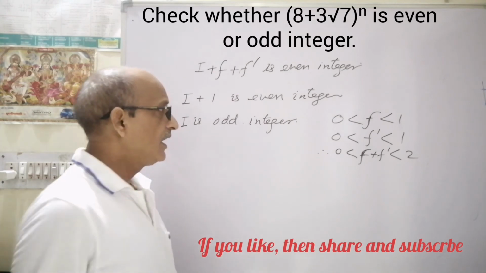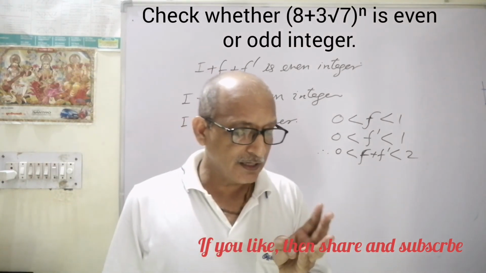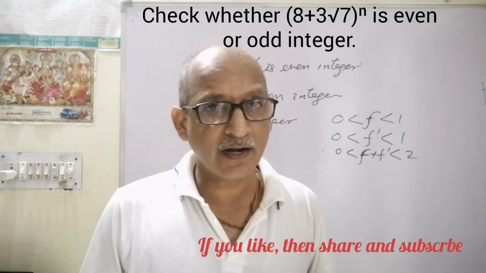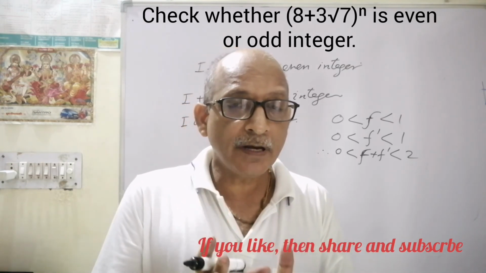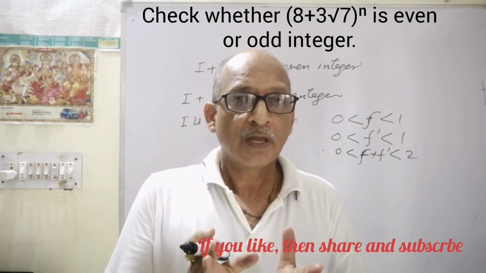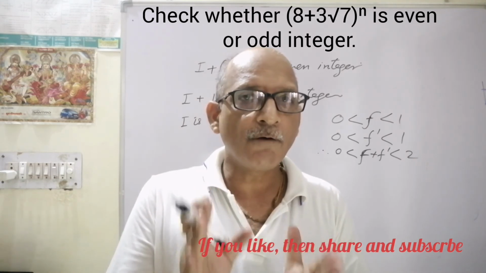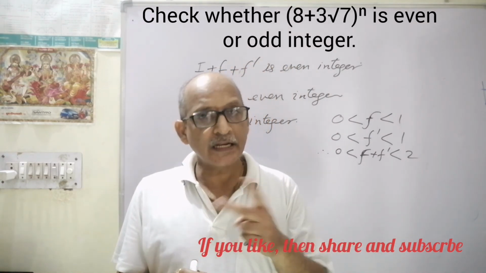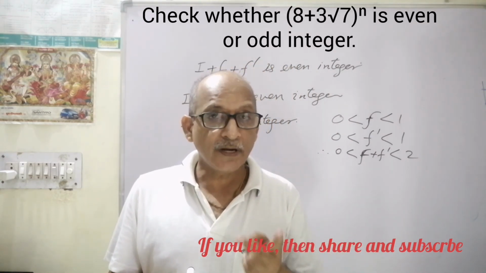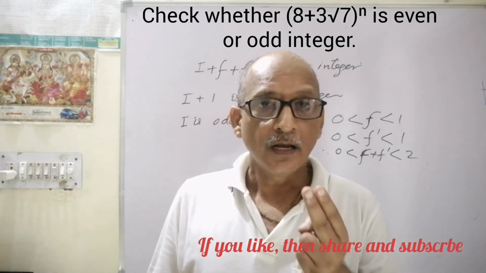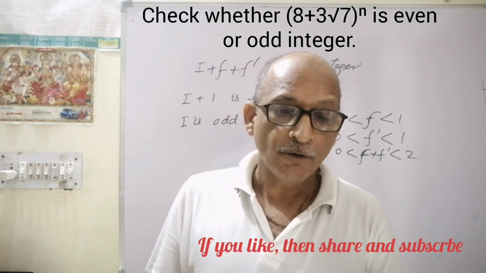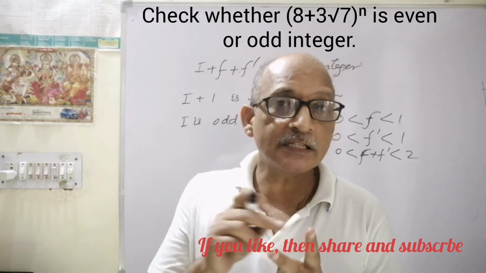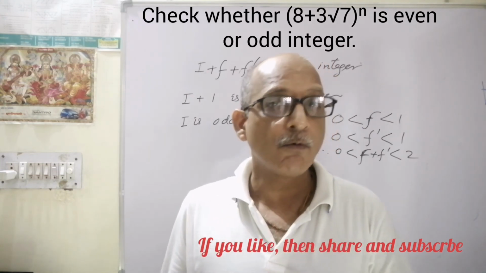Actually there are a few concepts to be used for this question. One is (x plus a) to the power n. Another is that every power of an irrational number, as a combination of rational and irrational, will be presentable in the form I plus f, where I is purely an integer and f is a fraction lying between 0 and 1.